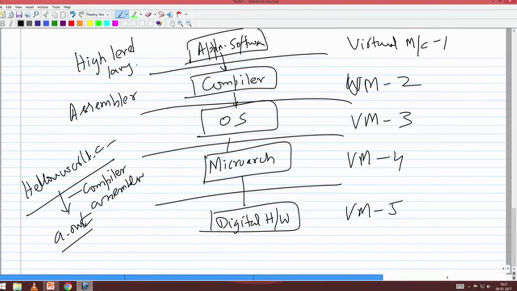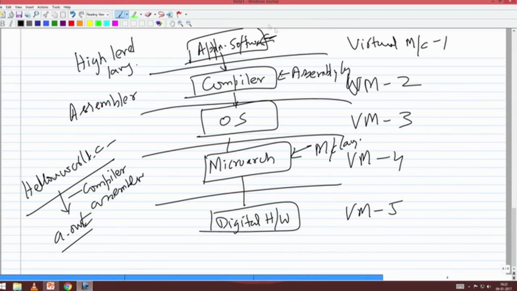From the application software, there is a compiler which converts it into an assembly language, and there is an assembler which will convert it into zeros and ones. This is the machine language. So there are two translations that happen. The first translation is the application software getting compiled into an assembly language program, and then the assembly language program getting converted into a machine language.